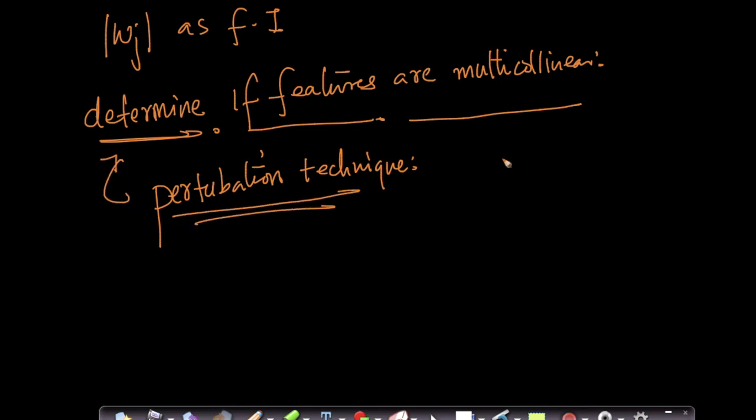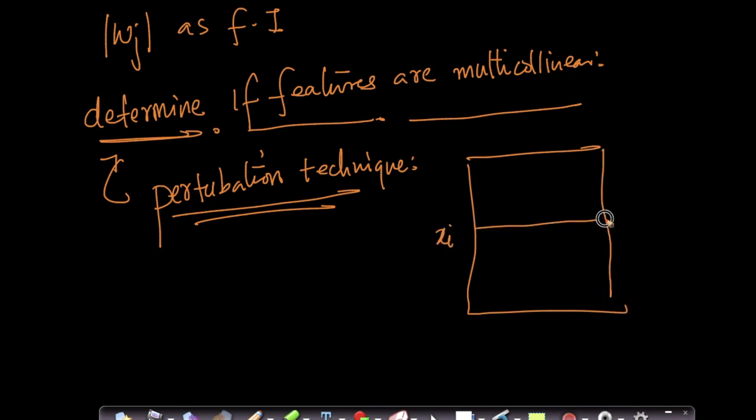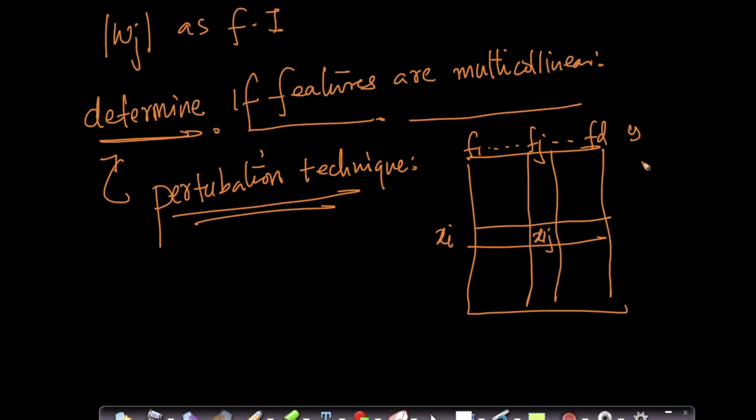Suppose you're given this data set of xi, and you have, let's say, f1, f2, fj, so on, fd, with values xij and correspondingly your class label yi. What it says is, take each of the values of xij and perturbate them. Perturbation basically means to shake it a little.